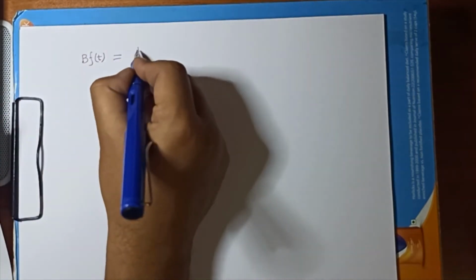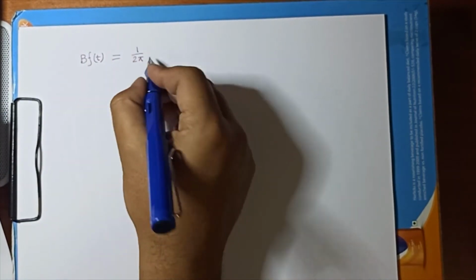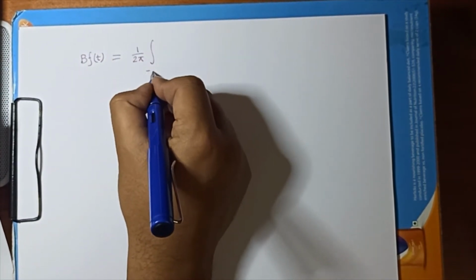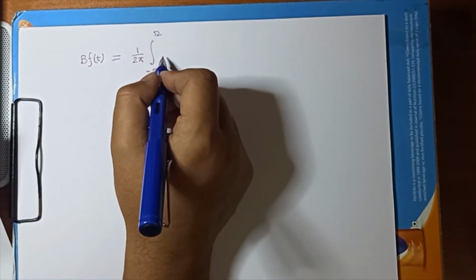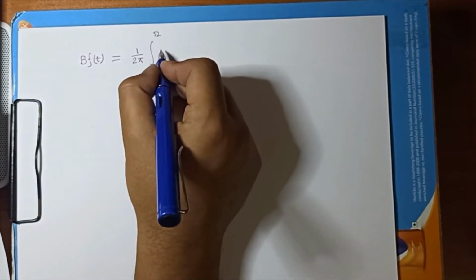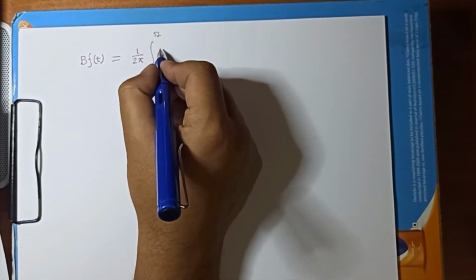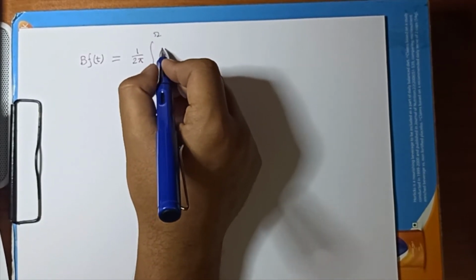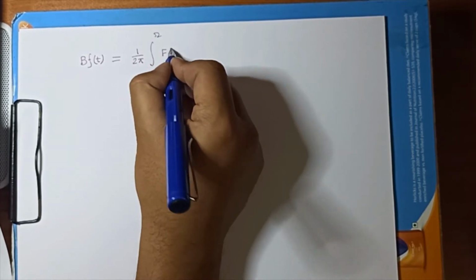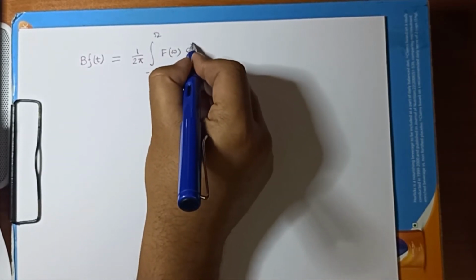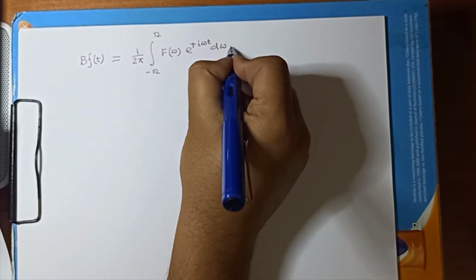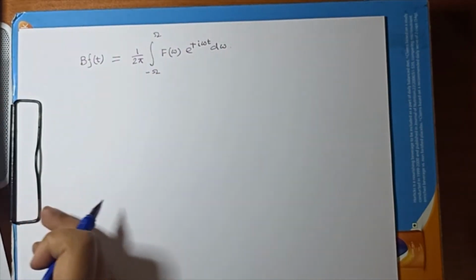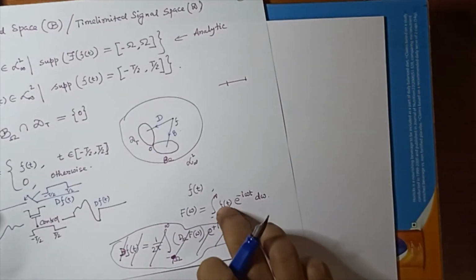So it will be 1 by 2 pi. That limit will not be minus infinity to infinity, it will be from this to this, because that is where you are defining it. And your signal is basically the original F omega, so that F omega e to the power plus i omega t d omega, where F omega is given by this particular integral.